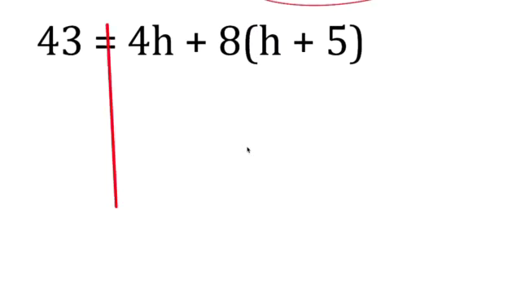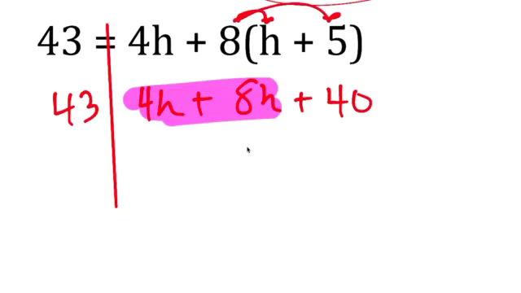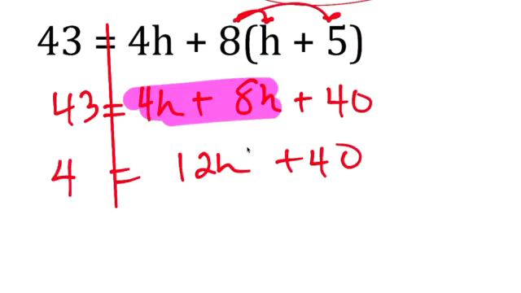You have this one here. You distribute. There's no additive inverse because all these are plus. And then bring down the 4h. Combine these two together: 12h plus 40. And then minus 40.